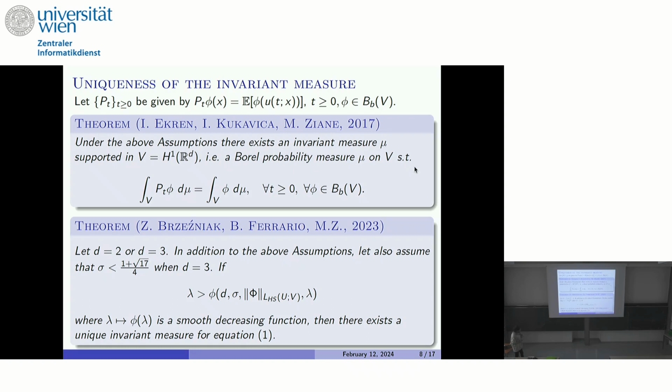So when we are in dimension 2 and 3, and we have to assume a stricter condition on sigma in the focusing case when d equals 3, but I will come back to this assumption later on.